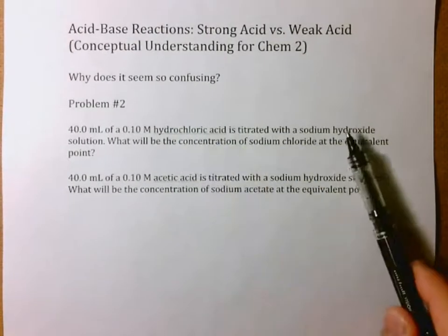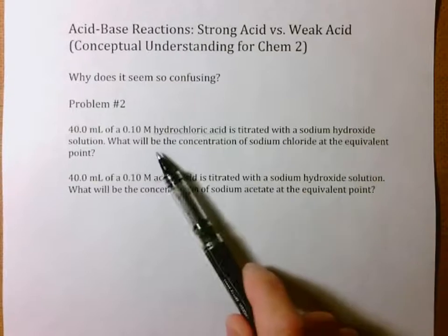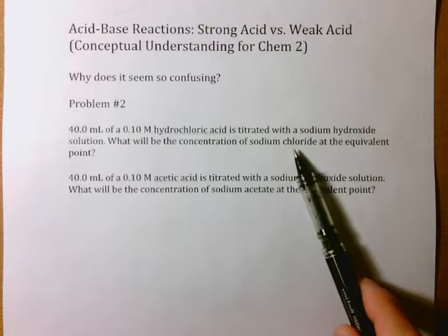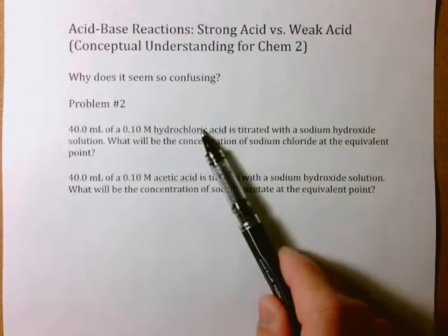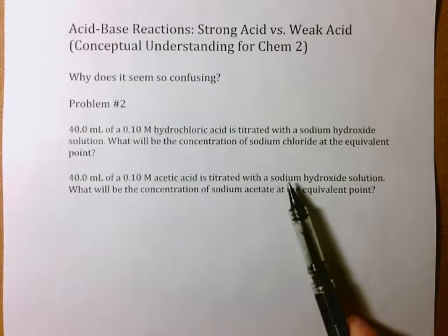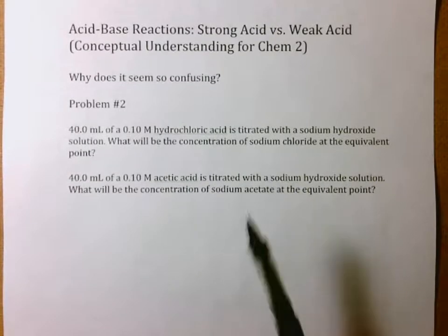Hydrochloric acid reacts with sodium hydroxide. What will be the concentration of sodium chloride at the equivalence point? Sodium chloride is the product of this reaction. Acetic acid reacts with sodium hydroxide to produce sodium acetate.